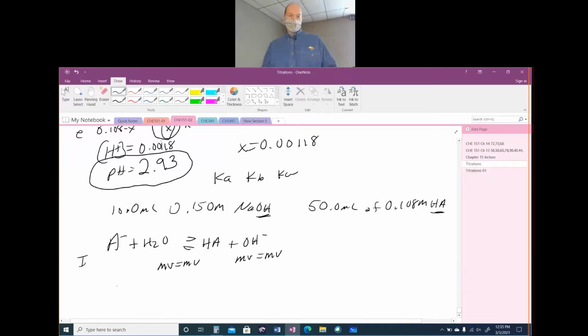So HA, it was 0.108 when we put in our 50 mils of our solution. But what is the molarity now that we've added the 10 and our total volume is 60? Your OH minus, we added 0.150 molar when we added the 10 mils. What is the molarity now that the volume is 60?